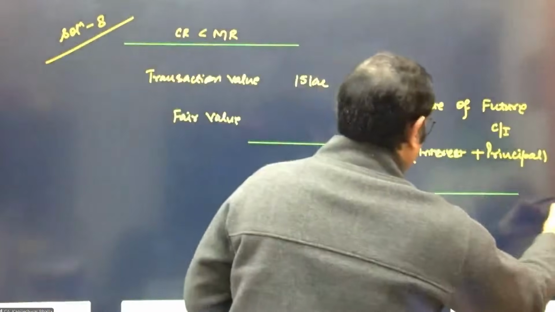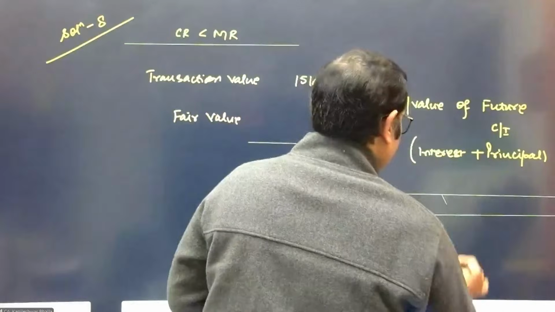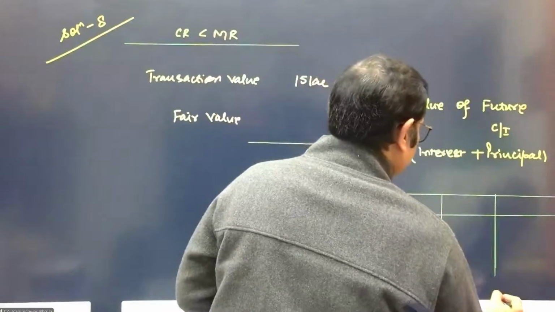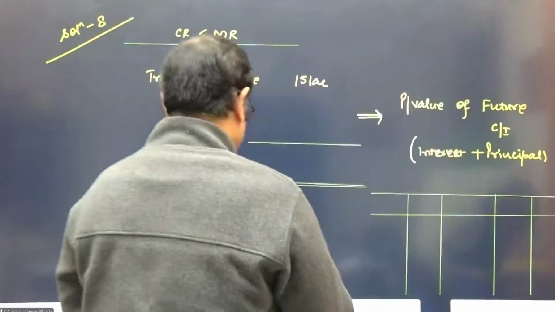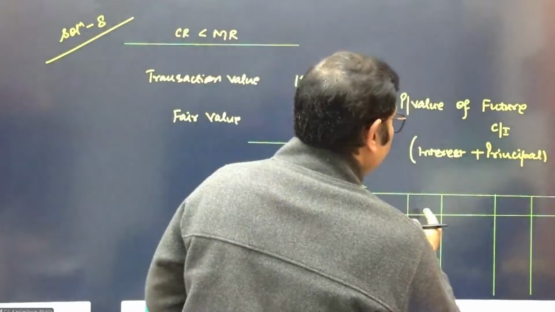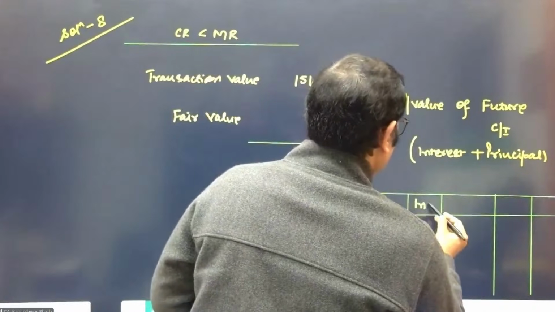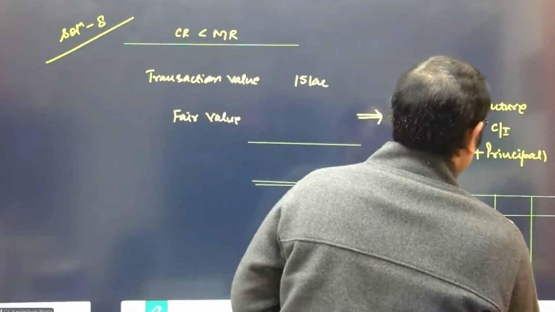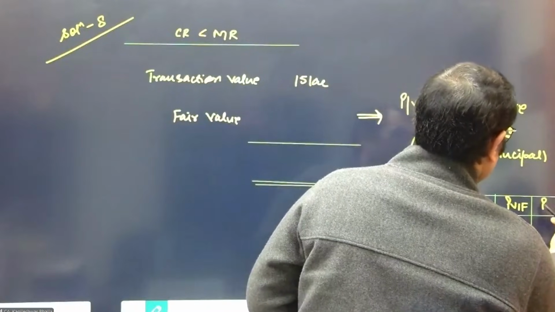So we can make a chart for all the years. There will be a principal and there will be an interest. Then we need to do the discounting and get the present value. So we take the principal, take the interest, get the total and discount this to get the present value.